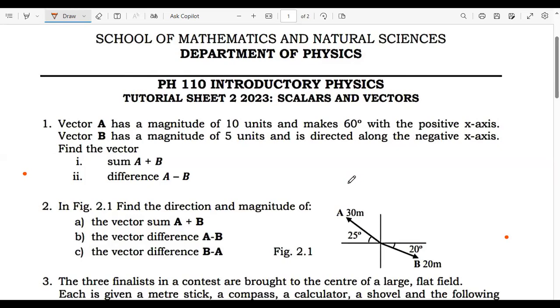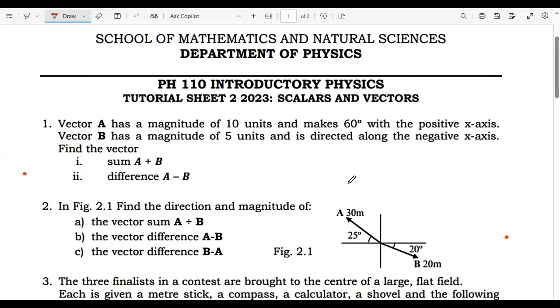So we have the summation of vectors here. We also have the difference of vectors, and we'll also see how we can find the resultant vector, even its magnitude and also its direction.